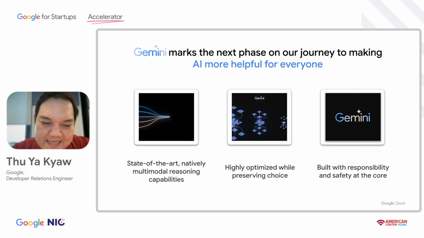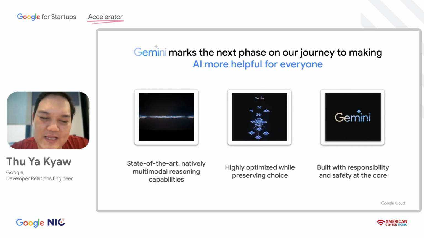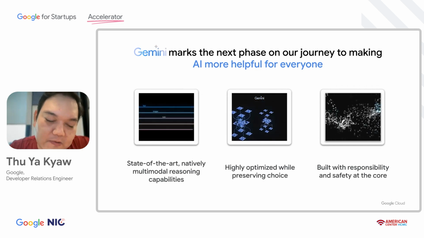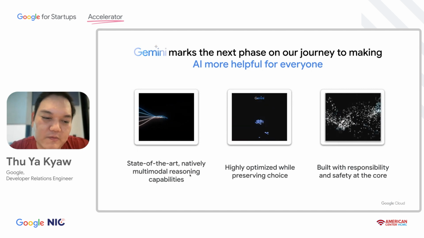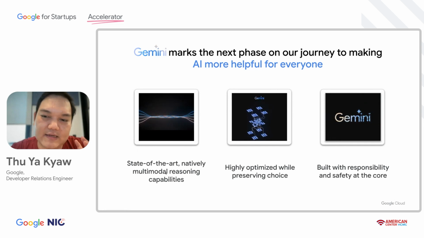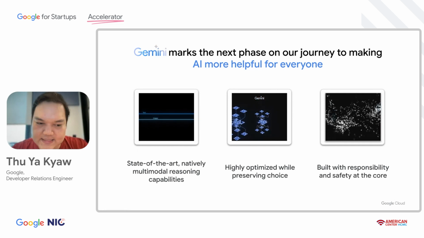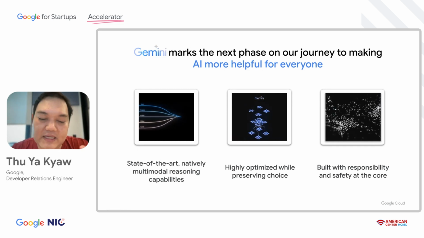I call those multi-models, because there are a lot of models bundled together to solve the task, whereas Gemini is one model that can understand all the different types of modality. Modal means types of data. It could be image, audio, or text. So multimodal means different types of data that can be passed into Gemini.